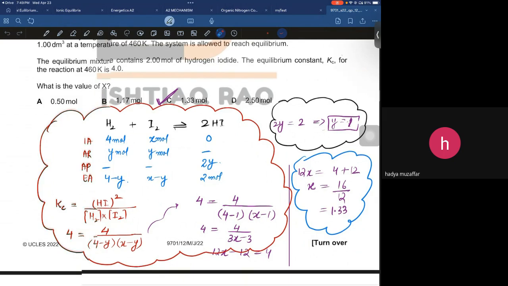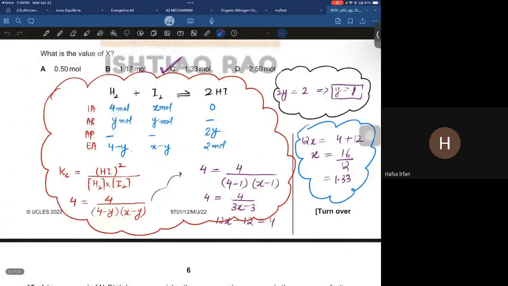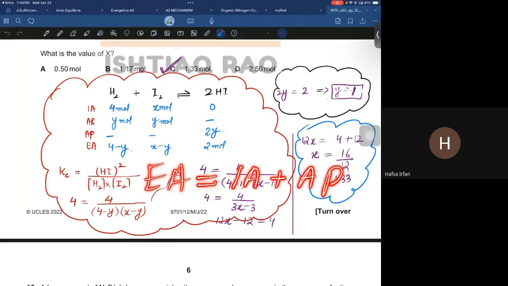Okay, simple. Sir, how did you find the value of Y? Since the equilibrium amount has been given to you, that is 2, what's the formula for the product? Equilibrium amount EA is equal to IA plus AP. Equilibrium amount is 2, initial amount is 0, amount produced is 2Y.